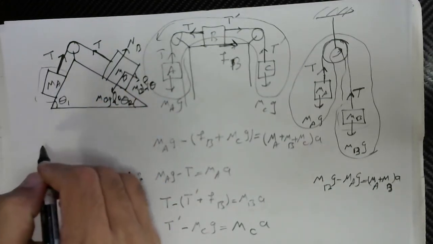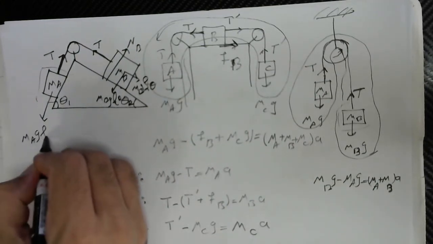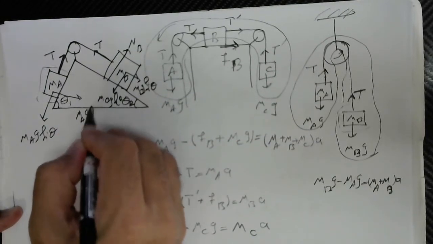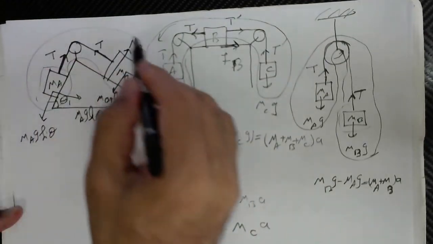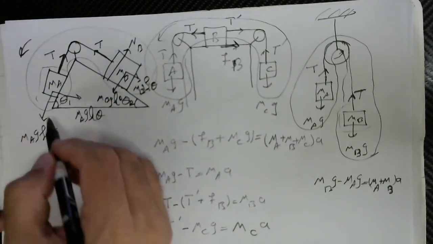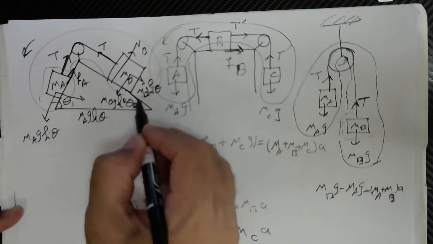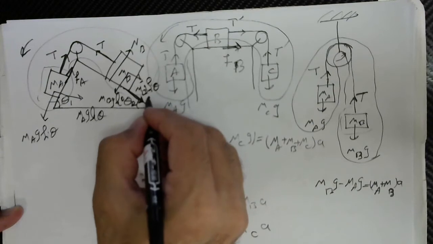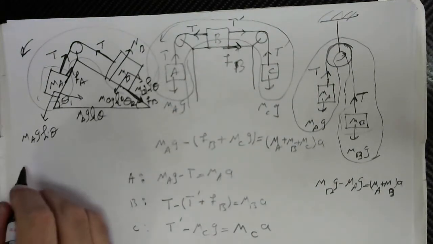So if this is the system, this one also has MAG sine theta and MAG cosine theta. If I consider the whole thing, let's say this is the direction of motion, so there is a force FA, FB as a frictional force on the surfaces.